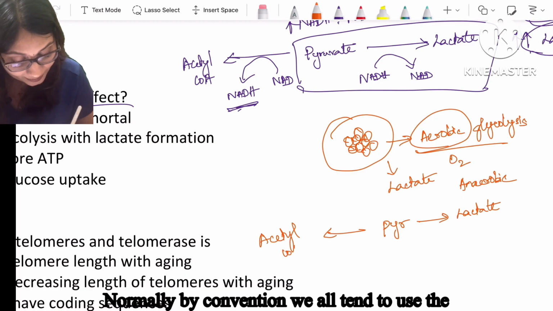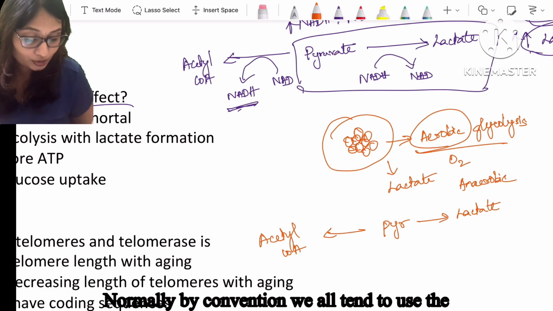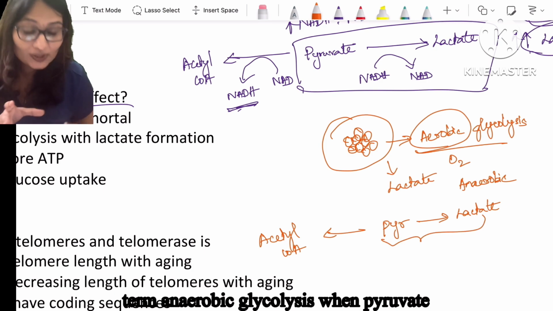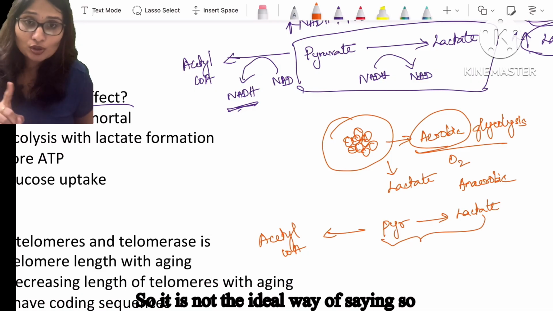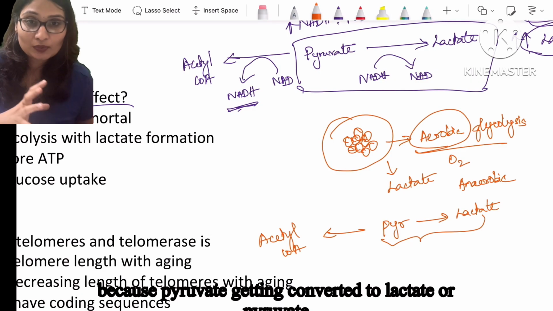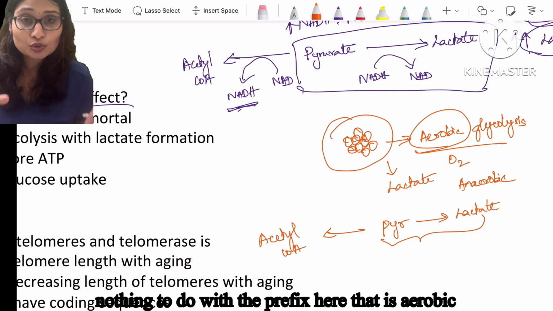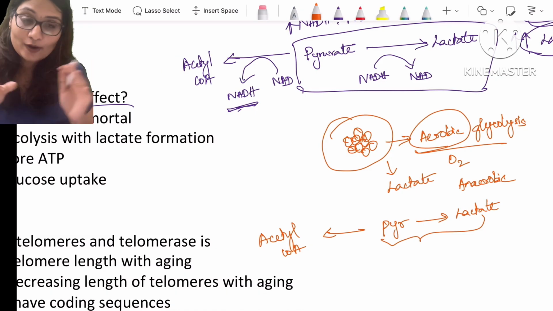By convention, we tend to use the term anaerobic glycolysis when pyruvate gets converted to lactate, right? It's not the ideal way of saying so, because pyruvate getting converted to lactate or to acetyl-CoA has got nothing to do with the prefix, aerobic or anaerobic.